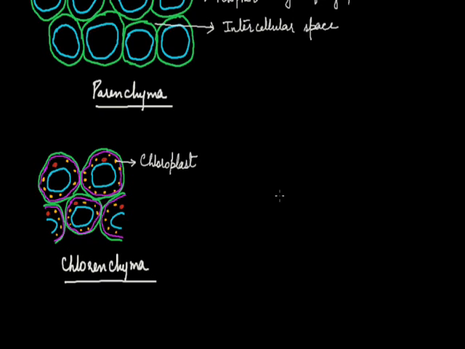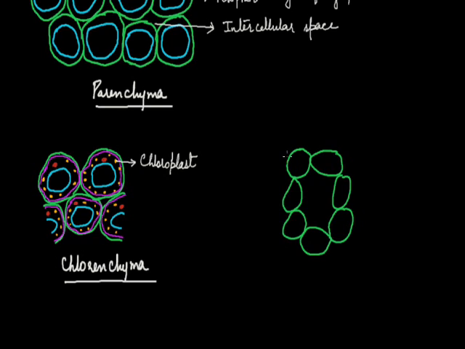Now the third type is aerenchyma. In this, the parenchymatous cells are arranged such that they contain large intercellular spaces which are called air spaces. The normal structure of the parenchymatous cell is the same as we have discussed earlier. So we are not drawing the complete internal structure of the cell, we are just drawing the outer representation of the cells, which are enclosing large intercellular spaces, which can be called the air spaces.